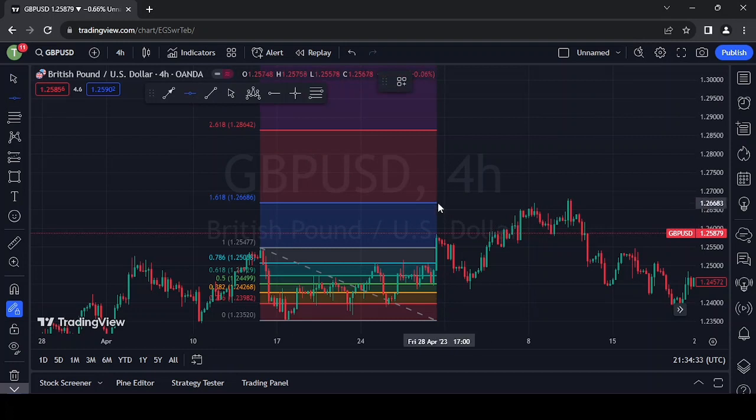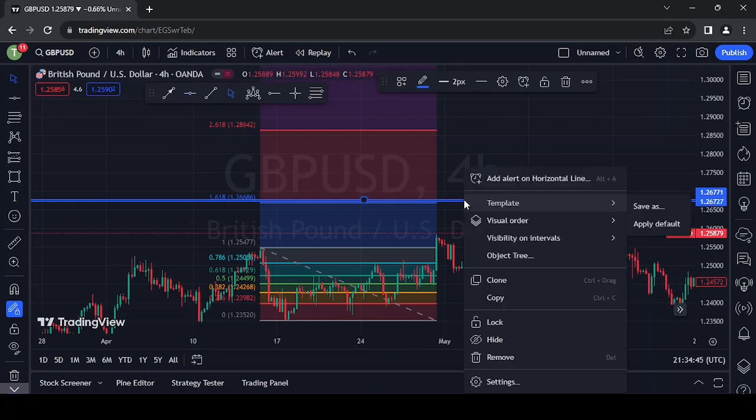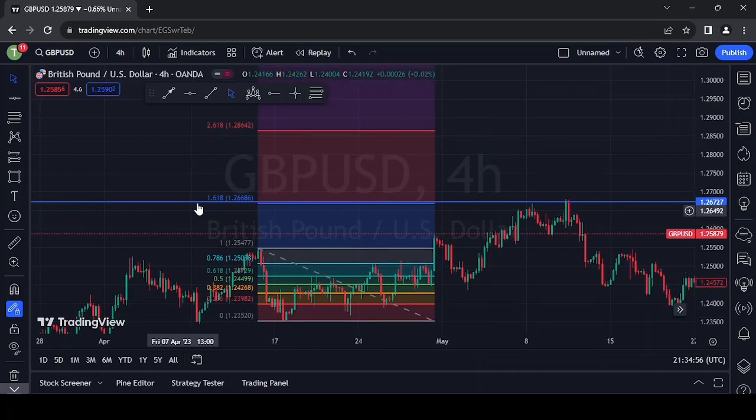You can see this point. Exactly. You can see this is above the 161.8.